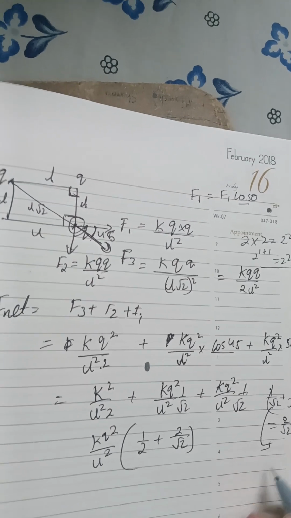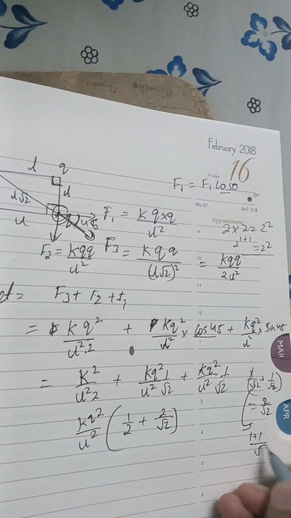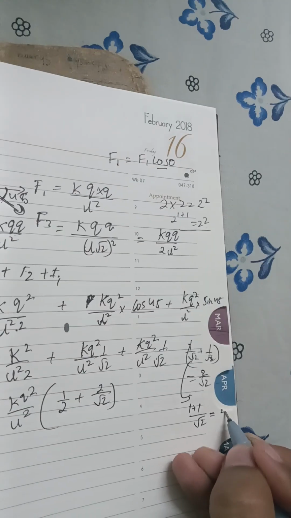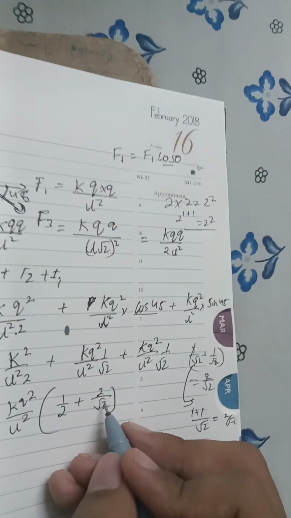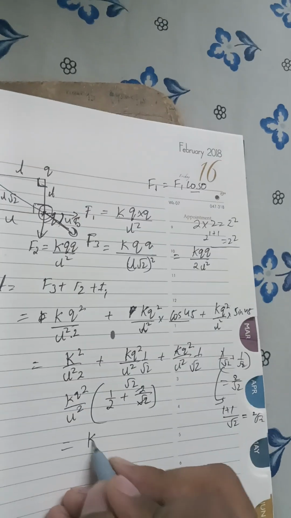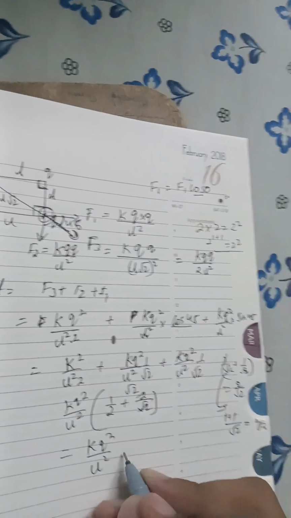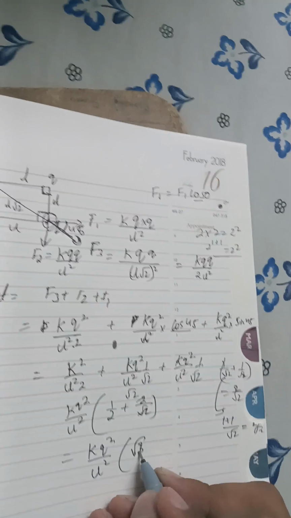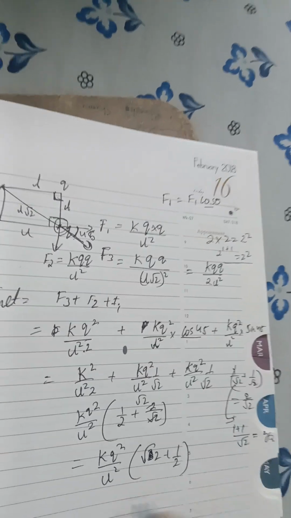Root 2 is common, so 1 plus 1 equals 2 by root 2, and here root 2 cancels, so it comes like K Q square by L square into (2 root 2 plus 1) by 2.